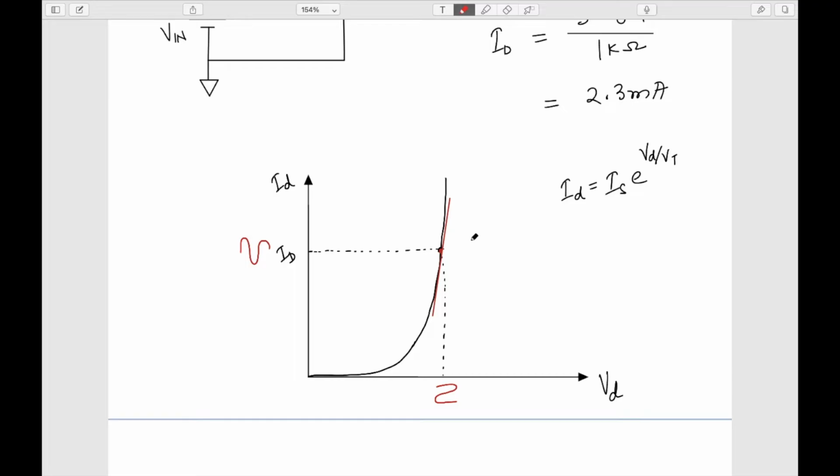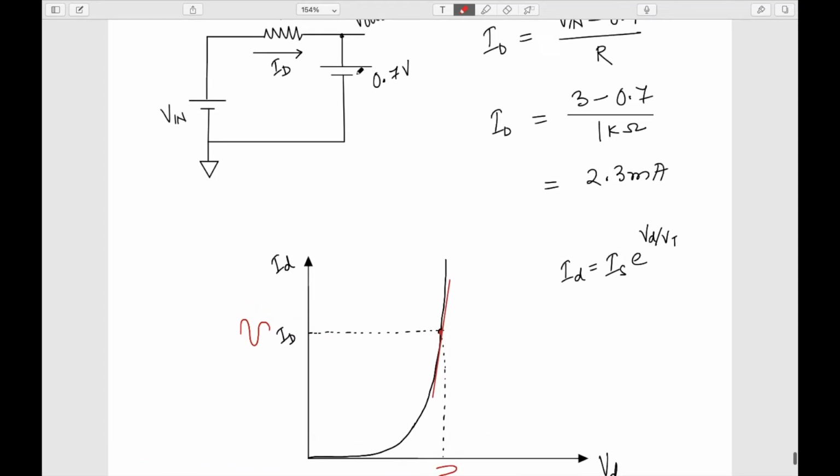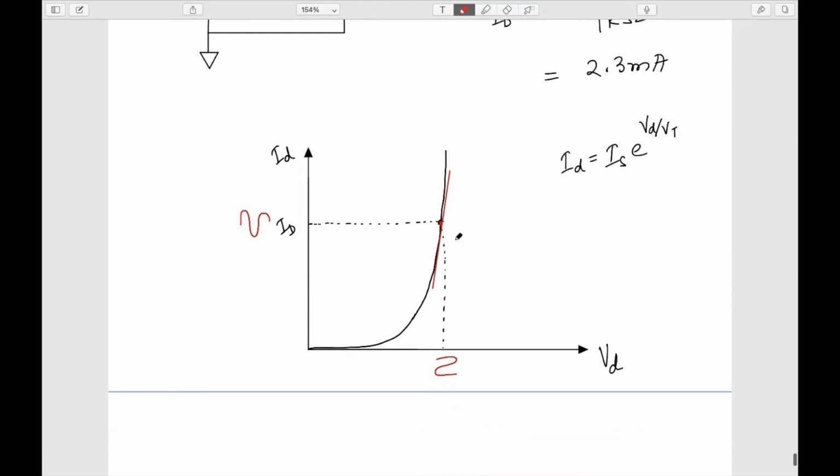This kind of analysis is called small signal analysis. By using the resistor, we have defined the diode current. Of course, here we are fixing the voltage at 0.7, but if there is a small variation across this voltage, how the diode current is affected will be defined by this slope.